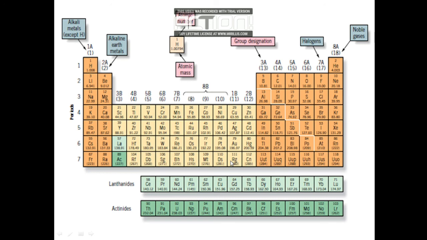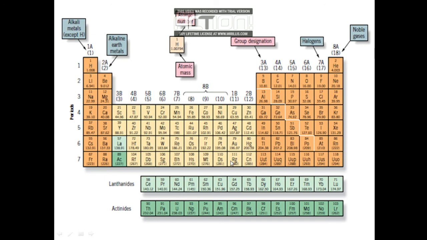Ionization energy. Ionization energy is the energy required to remove the most loosely held electron from a gaseous atom or ion. Ionization energy generally increases across a period and decreases down a group.